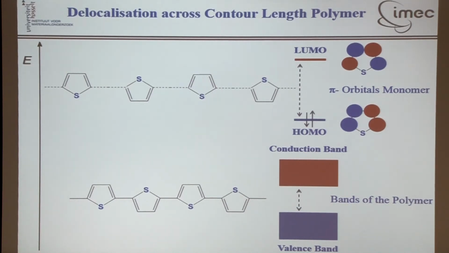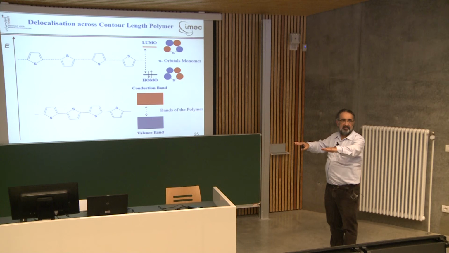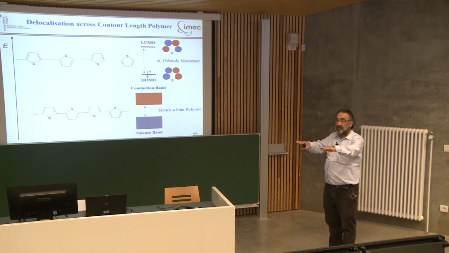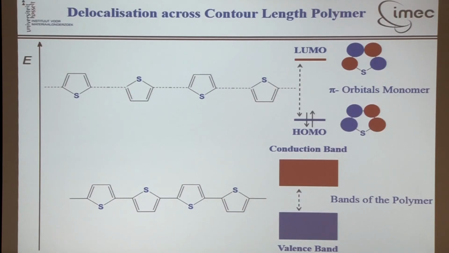And now we want to look at what happens if you bring them closer and closer to each other. And they start to interact. And in the final state, you end up with the situation of the polymer. What you then will see is that this description transfers to this description: you have a conduction band, a valence band, and in between you have the energy gap, the band gap.